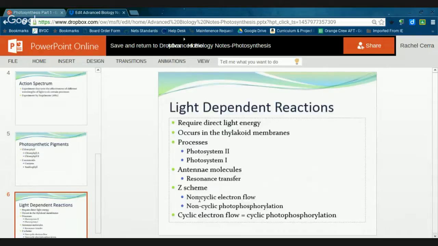When the antenna molecules capture that light energy and pass it on to that chlorophyll A, P680, that's known as resonance transfer. Resonance transfer is just energy from one antenna molecule getting passed to another and then on until it gets to the chlorophyll A, P680.